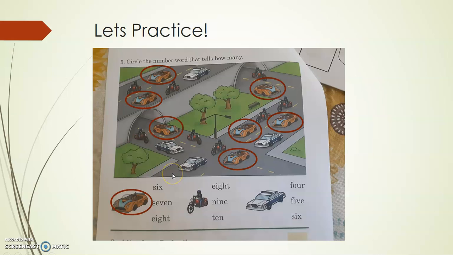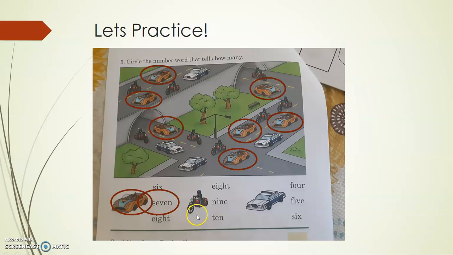I counted 7. Does this say 7? That says 6. Does this say 7? It sure does. So I'm going to circle that one. Because if I look down here, what number does that say? 8. So make sure you circle the 7.